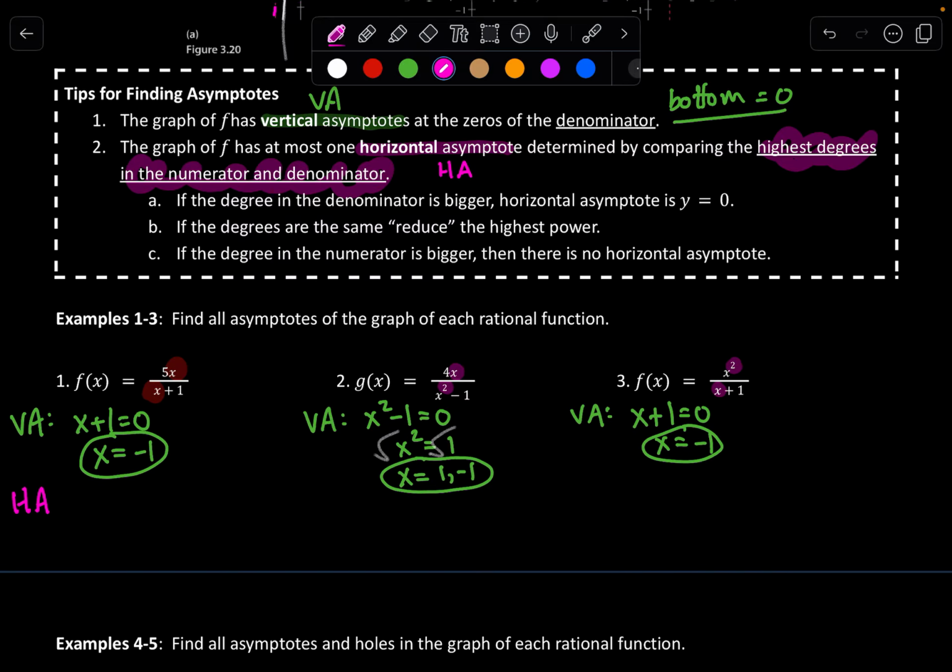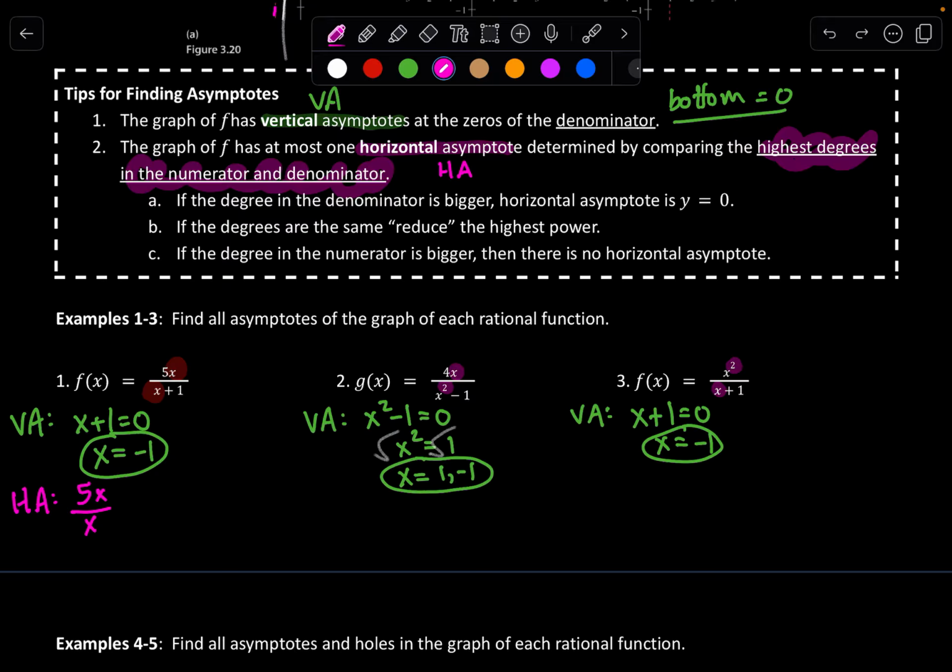So for this first one, when we look at the degree, that means the highest powered exponent in the numerator. We have 5x. That's the term that has the highest power. In the denominator, the term that has the highest power is just x, because this has a power of 0 and this has a power of 1, so that one's bigger.